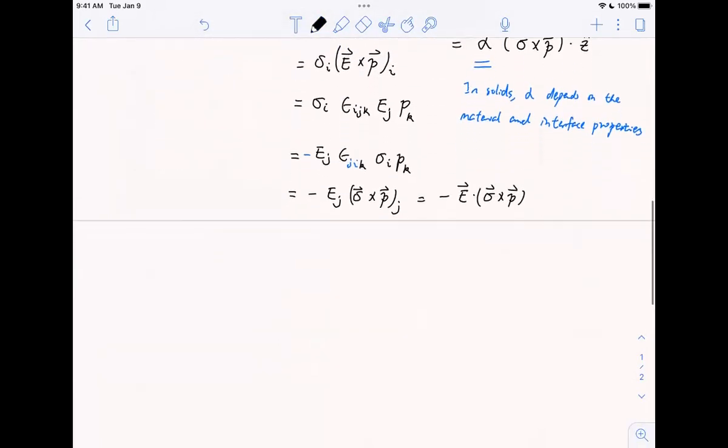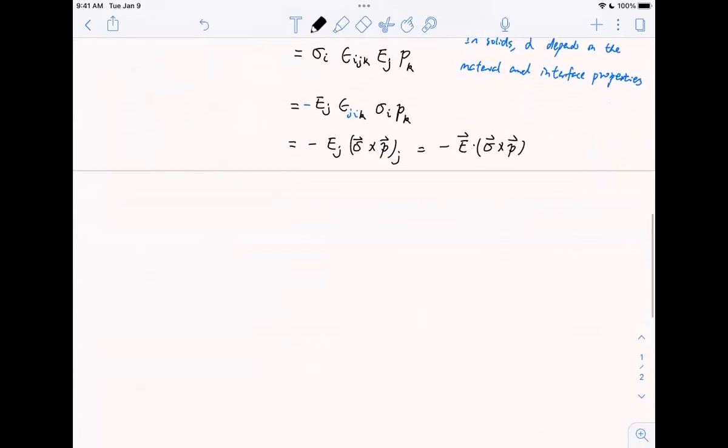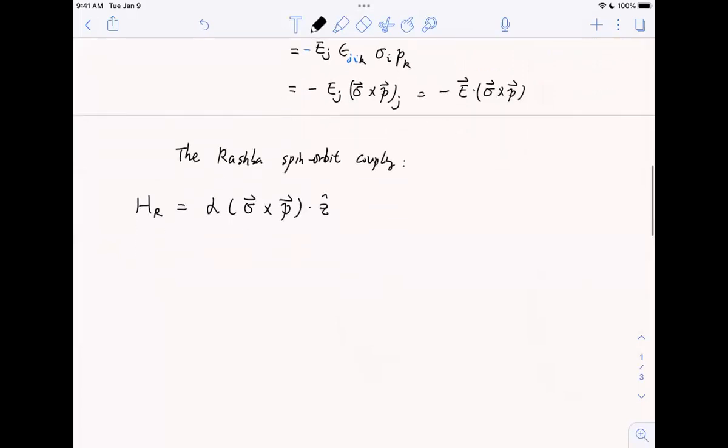Okay, so let's consider the Rashba coupling term, the spin orbit coupling. The Hamiltonian will be H_R, R means Rashba. Okay, so now this is just a Z component.